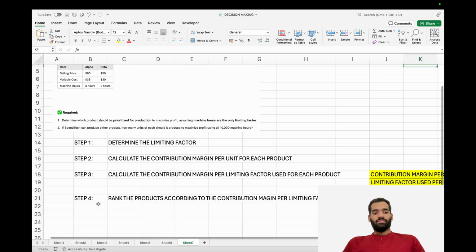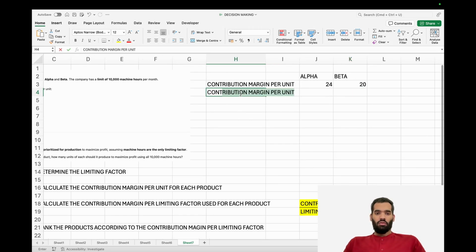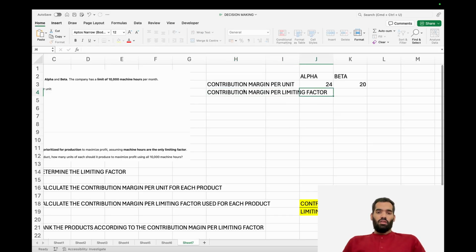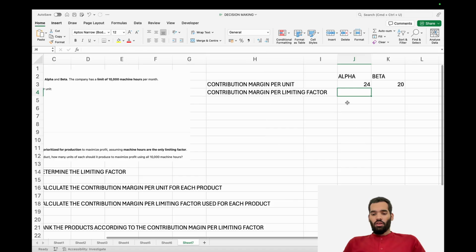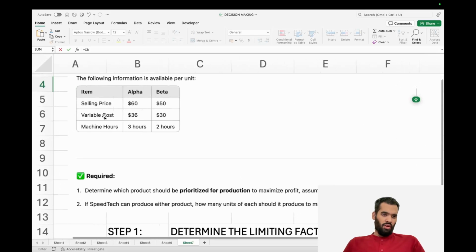Step three, calculate the contribution margin per limiting factor used for each product. So contribution margin per limiting factor, in this case per machine hour. The formula is very simple: you divide the contribution margin per unit by the limiting factor used per unit. Let's see how many machine hours we are using per unit.